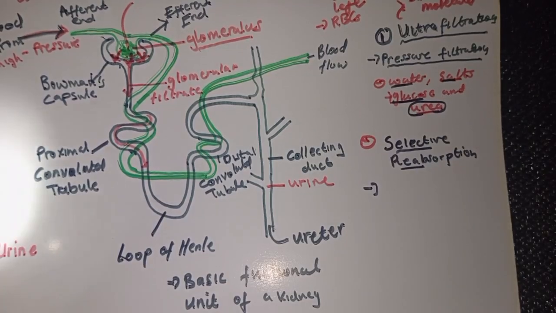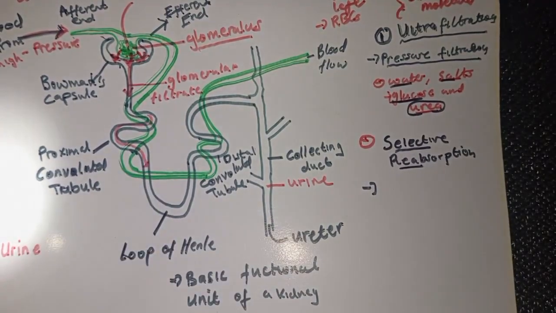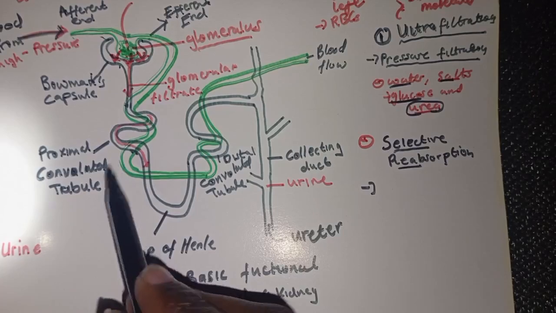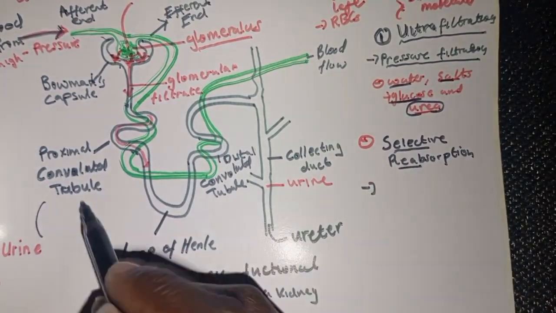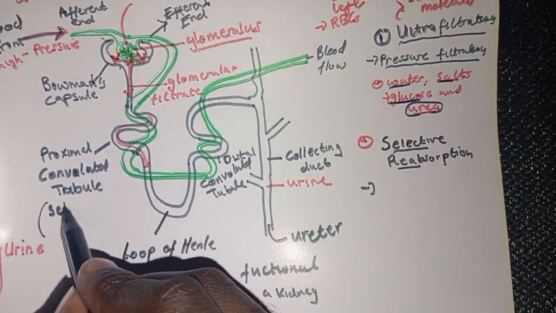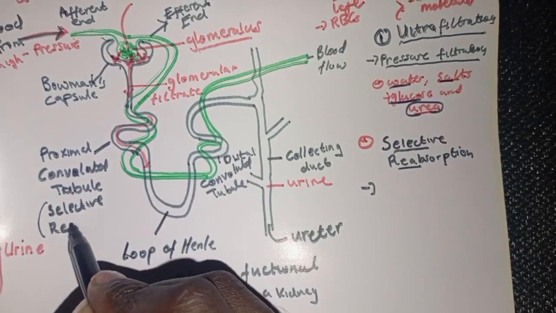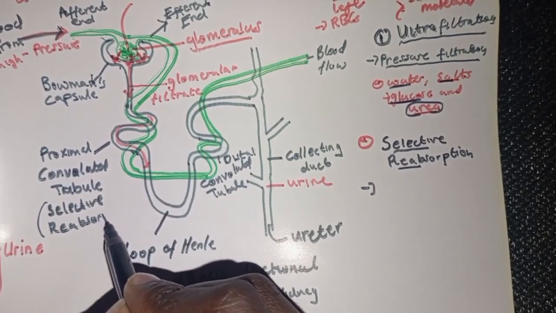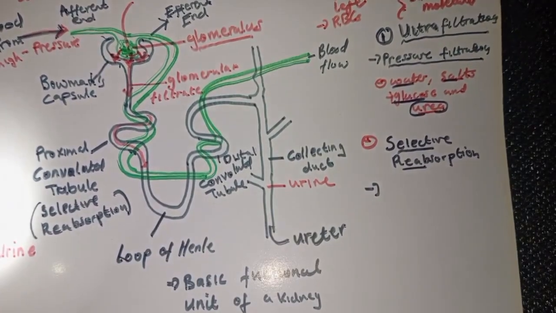So it occurs on these convoluted tubules, especially the proximal. So if you were asked, this is where selective reabsorption is taking place. Selective reabsorption is taking place where? On the convoluted tubules.